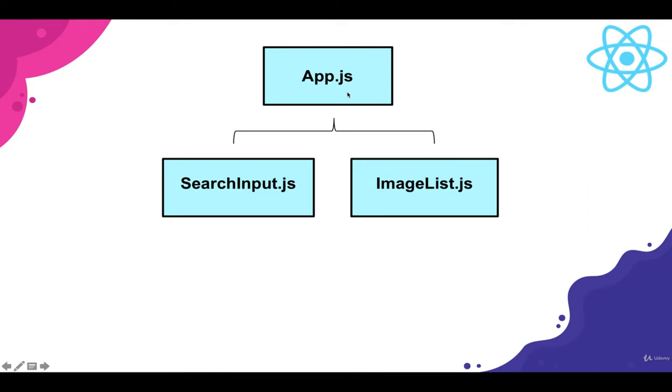And we're going to have an app component as always. You're always probably going to end up with an app component that's going to be at the very top, the most root component of your application. So our component hierarchy is going to look like this. Great. So the app is going to show an instance of the search input and an instance of the image list.